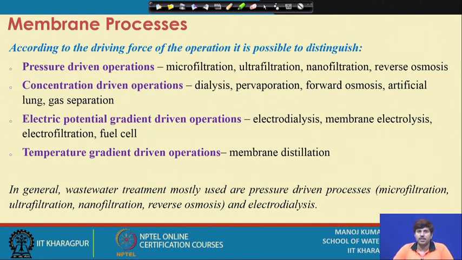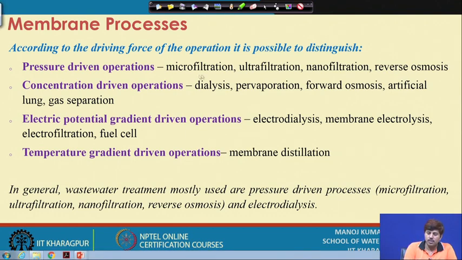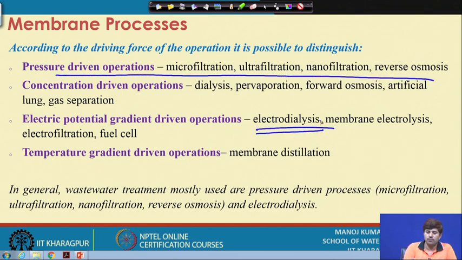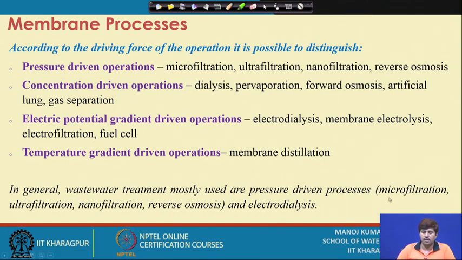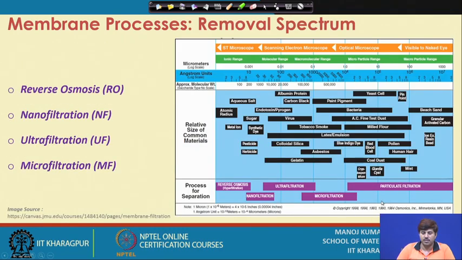When we talk about membrane distillation, we vaporize the water and the vapor passes through the membrane, so the distillation process occurs. In wastewater treatment, generally the pressure driven operations and electrodialysis are typically used. These days people have also started using forward osmosis, but field applications are still very limited.